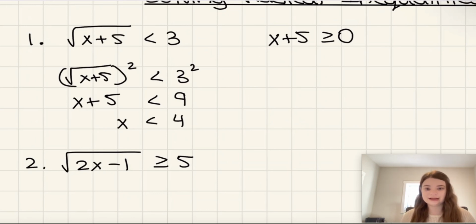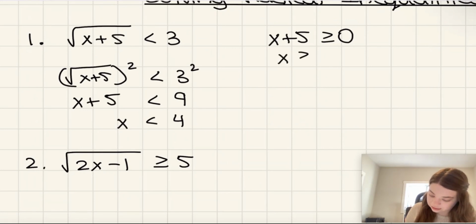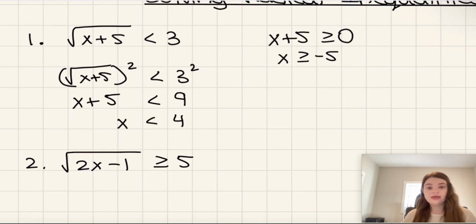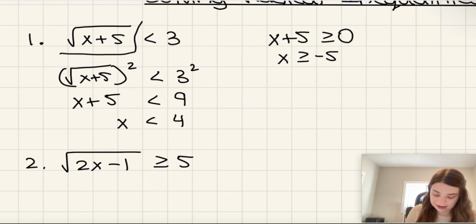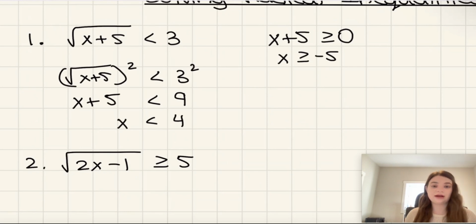We'd get a complex answer then. So we subtract 5 from both sides, meaning that x must be greater than or equal to negative 5, because the second it goes a little bit less than negative 5, that's the same second that this term becomes undefined, because we get a negative overall under the square root.